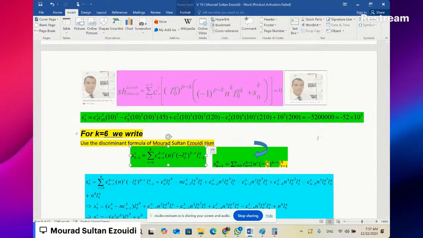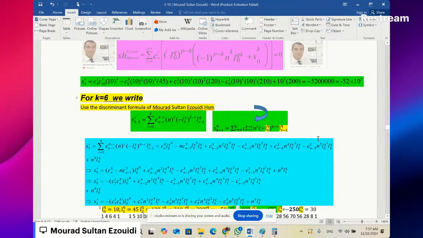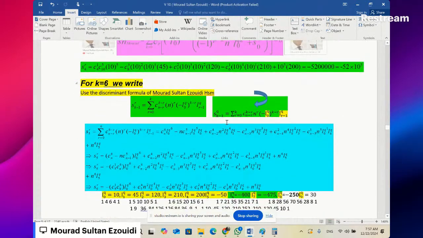I'm here continuing to find S5. To find S5, just put K equals 6 in the discrete formula of Mr. Mourad Sultan Ezouidi, and then you will write it in its simplest form after showing that L0 times Q raised to the power 6 is a common factor. Therefore, you make L0 times Q raised to the power 6 times combination n to 6 minus n times combination n minus 1 to 5.